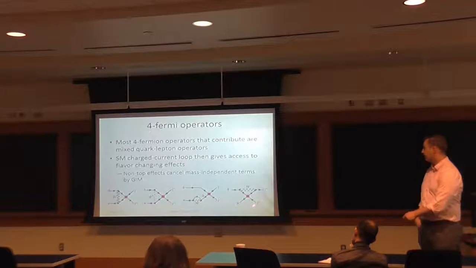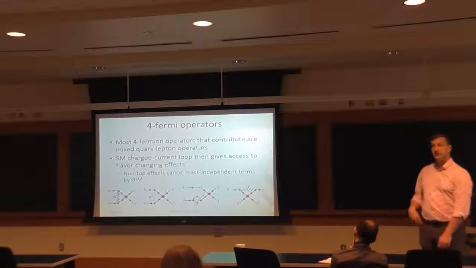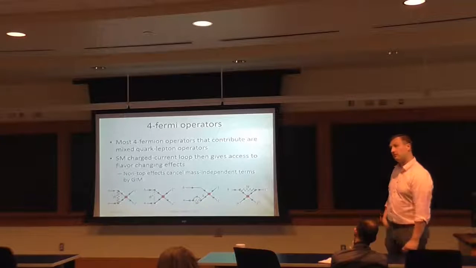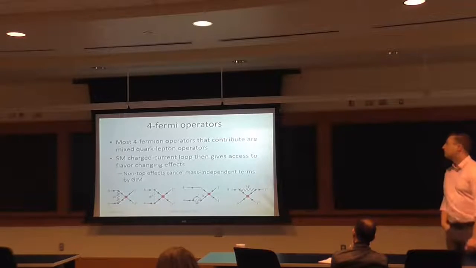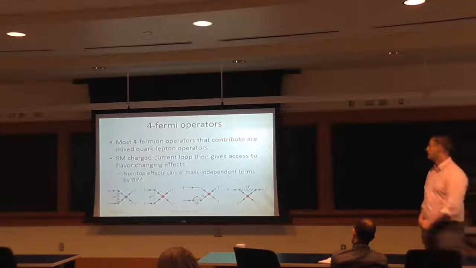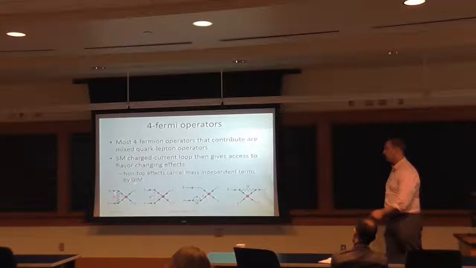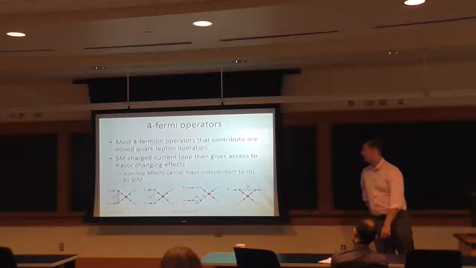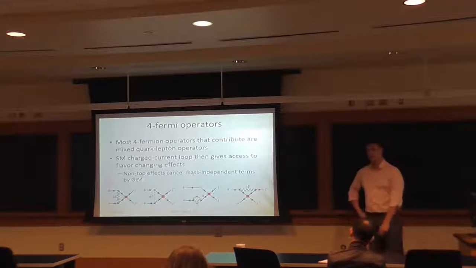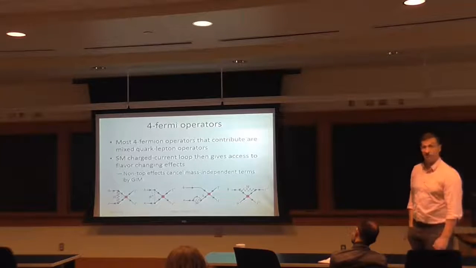This one's particularly entertaining because that's actually a charged current 4-Fermi operator, which you then get a sort of t-channel looking W boson. Most of the 4-Fermi operators that are contributing have this form. And the charged current loops give you the flavor changing effects, charged current or charged scalar, as the case may be. All of the pieces that are top mass independent end up canceling by GIM mechanism calculations, as we've all seen before in other contexts.